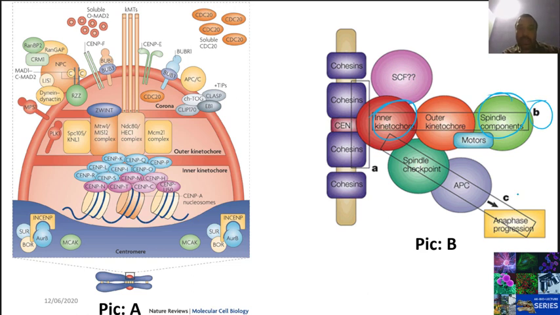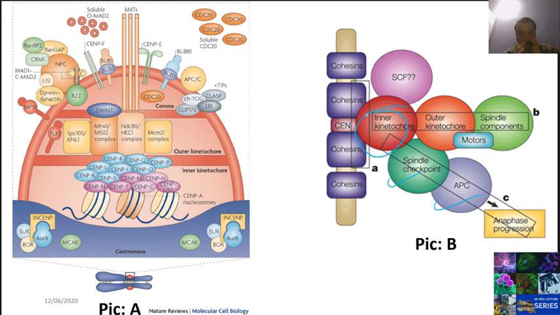And the third one is represented by C. The name is the kinetochore protein cell cycle machinery interface, where the cell cycle regulatory proteins such as checkpoint proteins and anaphase promoting complexes interact with the kinetochore.